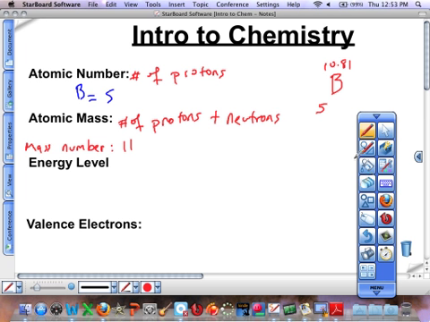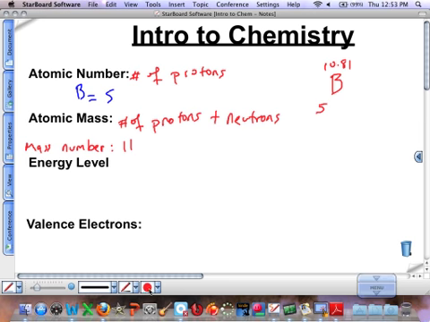Now, what's important is if you know the atomic number and you know the mass number, you can determine how many neutrons that boron has. Let's use a little bit of logic here. If we have an atomic number of 5 for boron, how many protons do I have?